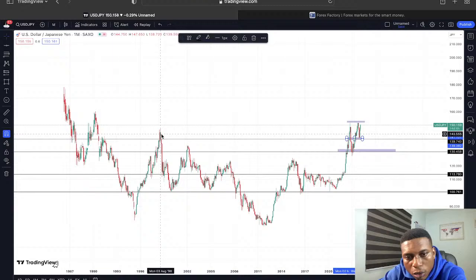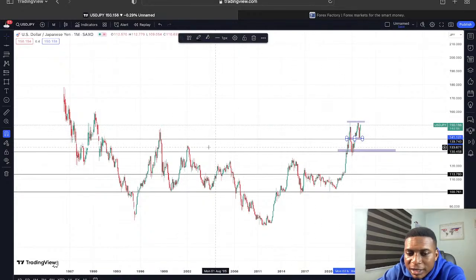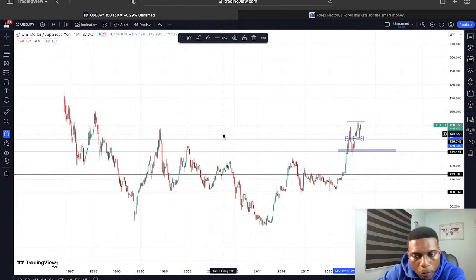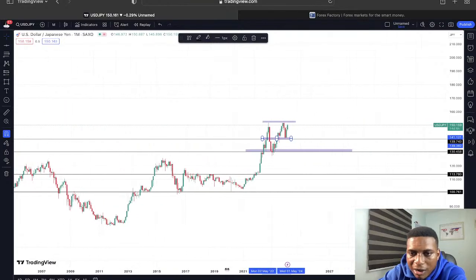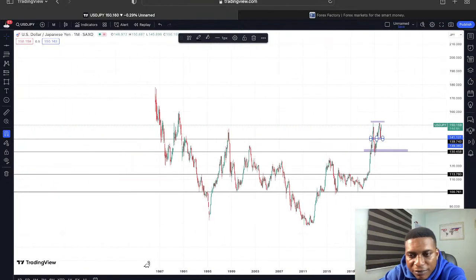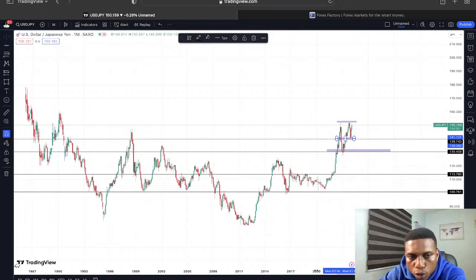So price is at a level where it has not been in decades. Every one of these levels is a very key level to watch.